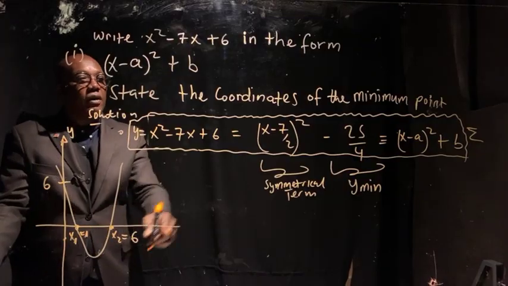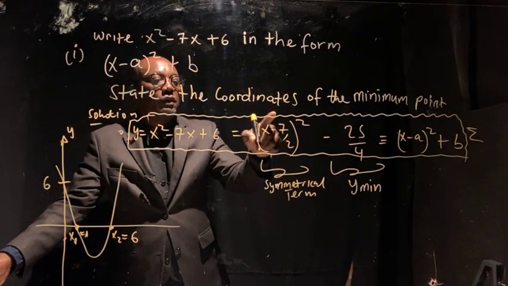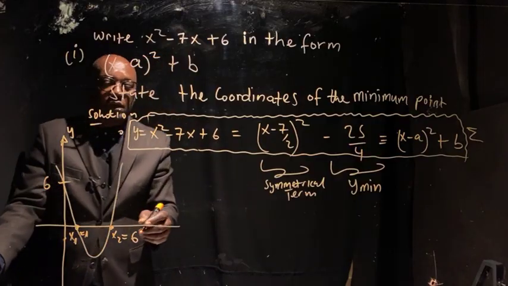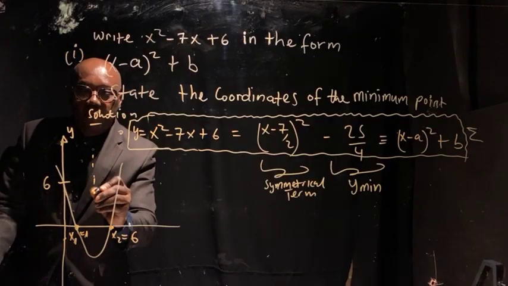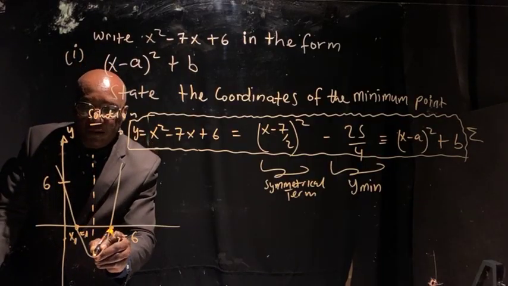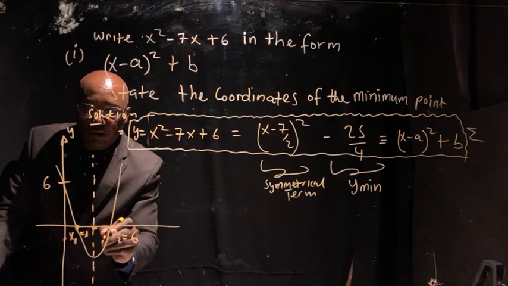The symmetry occurs at 7/2, which is about 3.5. This is where the symmetry occurs. The symmetry divides the graph into two equal parts. So this is the symmetry.